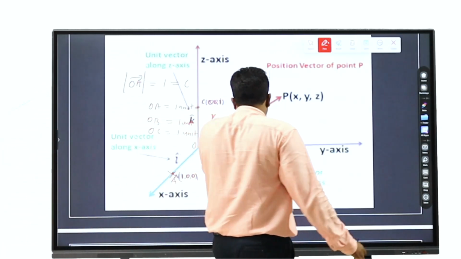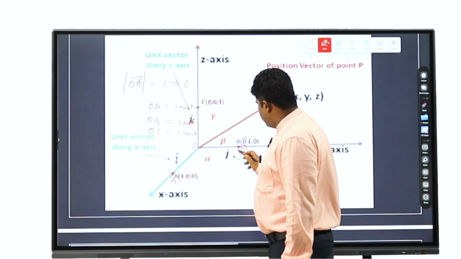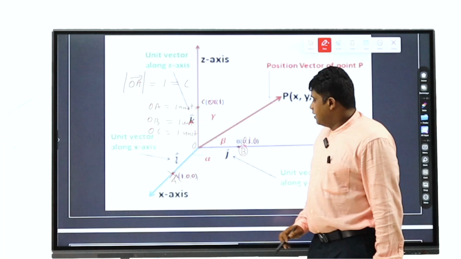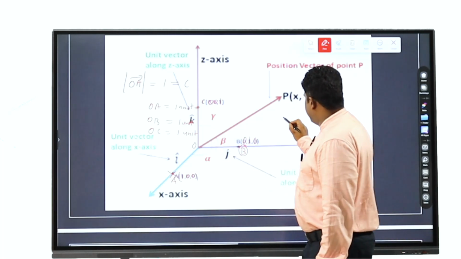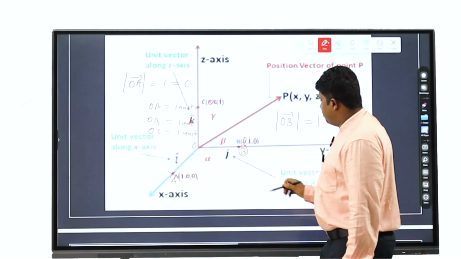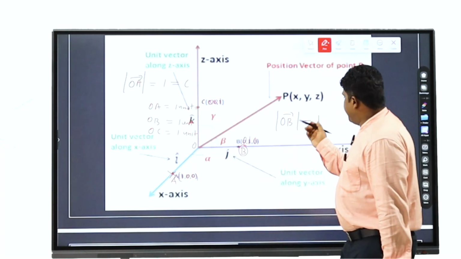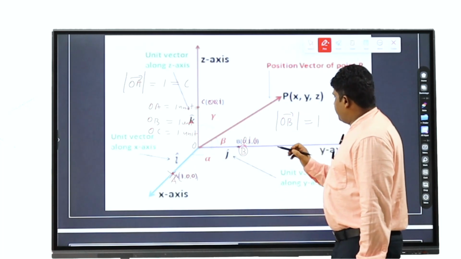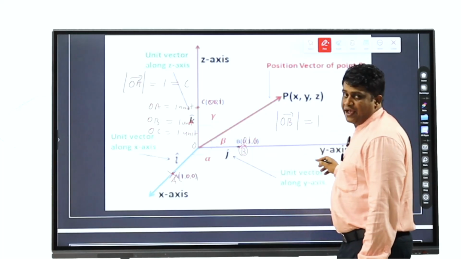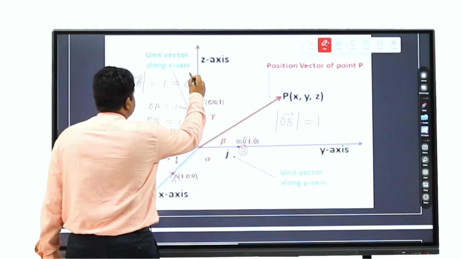Similarly, there is a point B. It is 1 unit distance from the origin. Then the magnitude of the OB vector is 1, because the length of OB is 1. Then what about its direction? It is along the direction of the y-axis. So J cap is the vector. This is I cap.